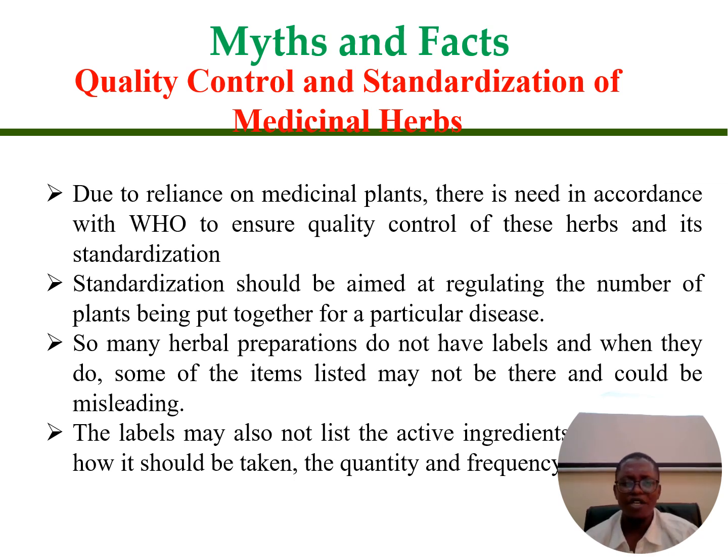So many herbal preparations do not have labels, and when they do, some of the items listed may not be there and could be misleading. The labels may also not list the active ingredients and how you should be taking them, the quantity and the frequency. If we want to standardize our medicinal herbal practices, we have to make sure the labels are correct.